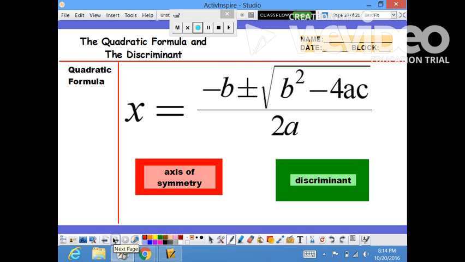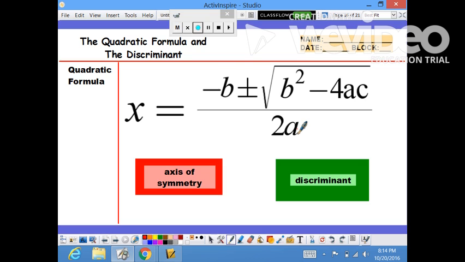The last thing that we spoke about today was the quadratic formula. Sometimes you have to go to an old friend to meet new friends. The topic was the quadratic formula and the discriminant, and we'll continue this. Within this quadratic formula, x equals negative b plus or minus the square root of b squared minus 4ac over 2a, we have two hidden treasures.